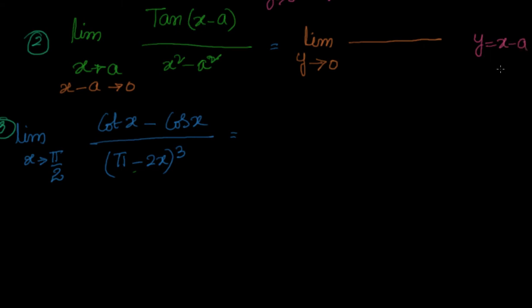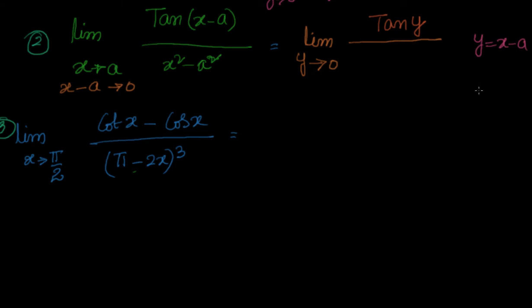If y equals x minus a, then what will this function become now? Tan of x minus a, nothing but tan of y, divided by x square minus a square. Now here I have to do a little bit of work.